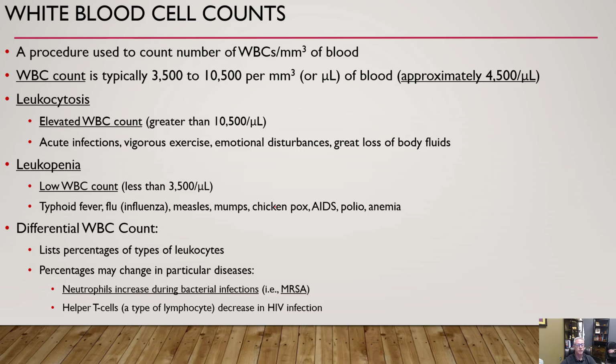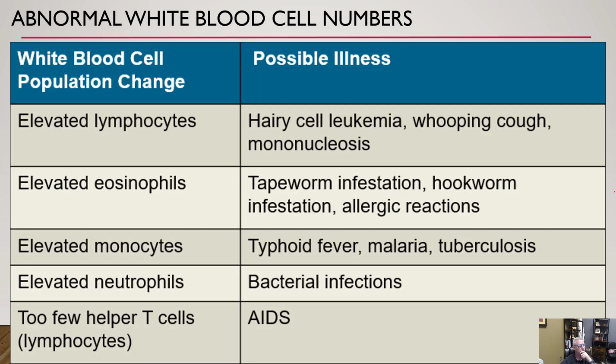So, neutrophils are increased during bacterial infections like MRSA. Helper T cells decrease during an HIV infection. So that will help doctors, nurse practitioners, PAs guide us into more of a diagnosis. So here is just a little bit of a chart.